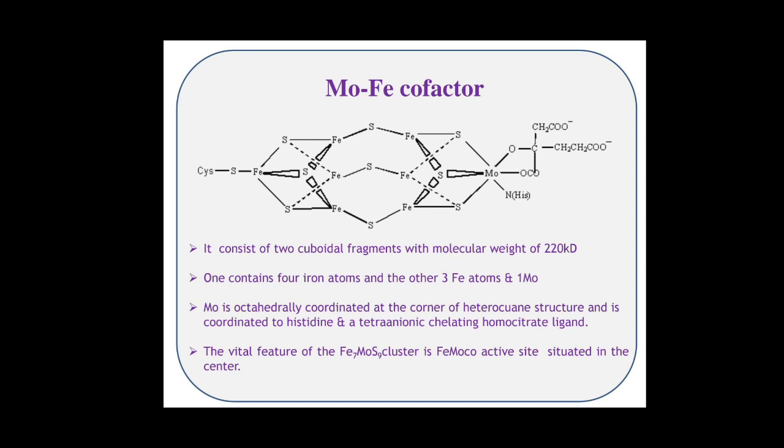Molybdenum is octahedrally coordinated at the corner of the heterocubane structure and is coordinated to histidine and a tetraanionic chelating homocitrate ligand. The vital feature of the iron molybdenum sulfur cluster is the active site situated in the center.